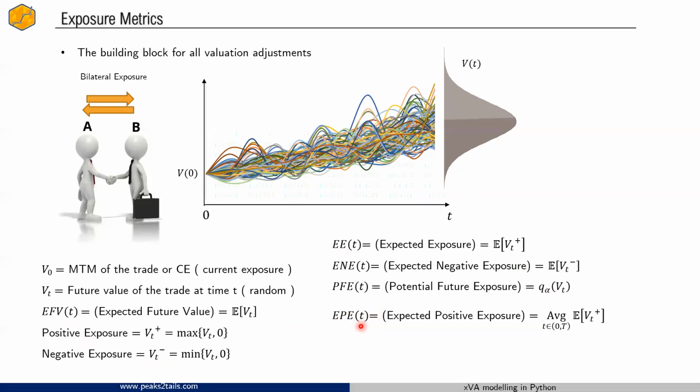EPE is actually the average of the EE profile over the entire life of the instrument. Okay, so t belongs to 0 to T. That means over the entire life of the instrument, you'll have different expected exposure.